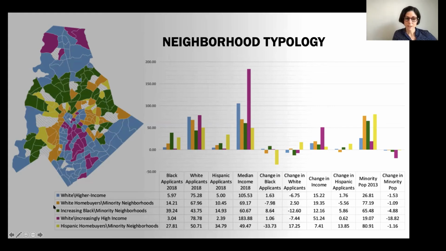Then we have this next class, the orange one, which is pretty interesting to us. These are largely white home buyers, but in minority neighborhoods. You can see that in 2013, close to 80% of the residents were minority, but in 2018, almost 70% of the home buyers or mortgage applicants were white. And these are neighborhoods that we know are currently gentrifying.